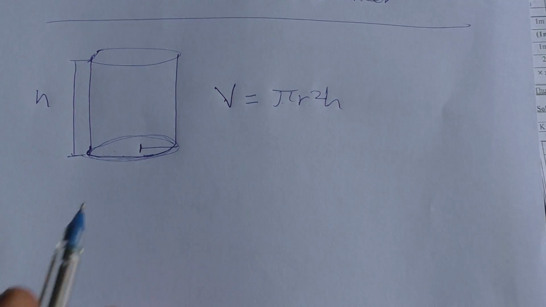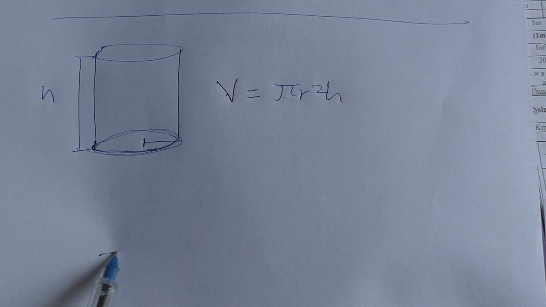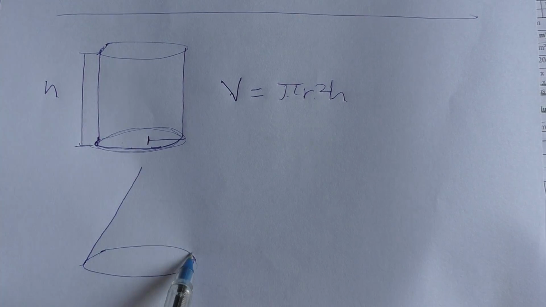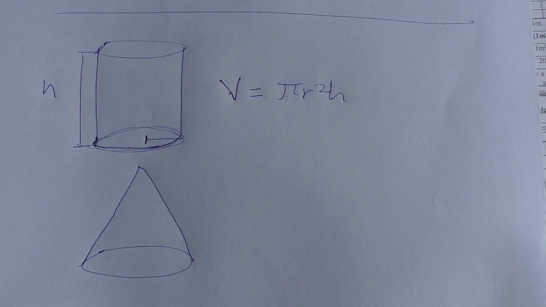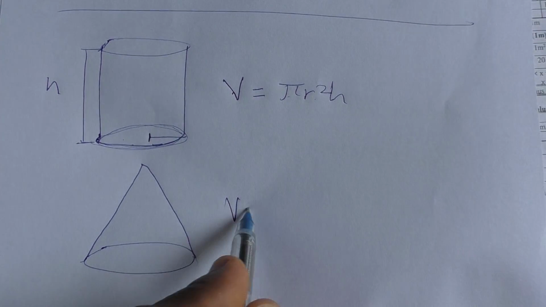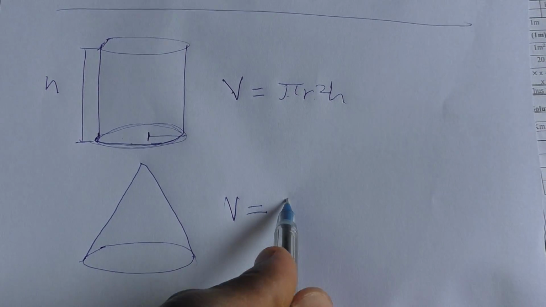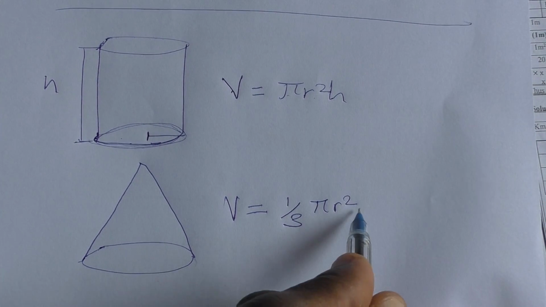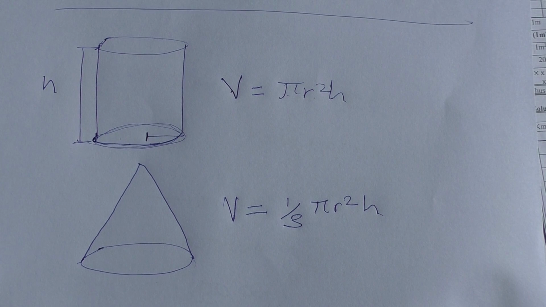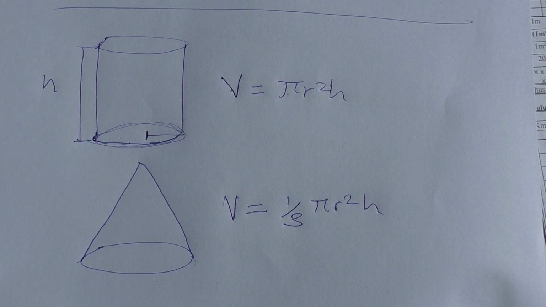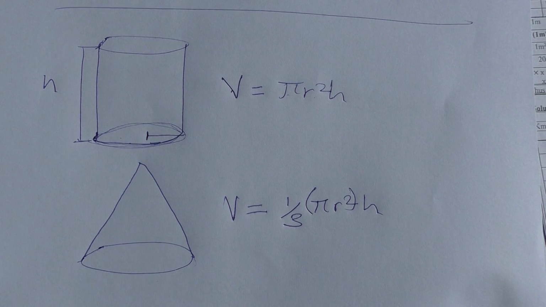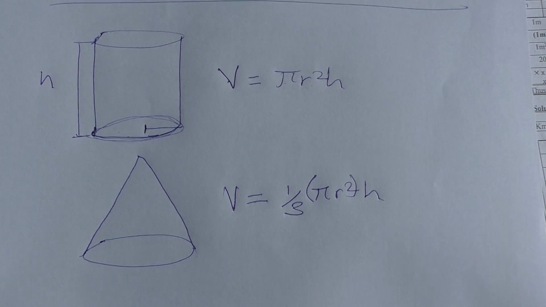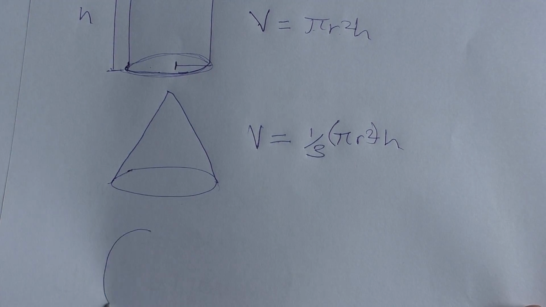When we look at a circular cone, a circular cone is a cone whose base is circular. Still, the volume is given by a third pi r squared times the height. So this is a third the base area times the height. That is for a circular cone. Then a sphere.